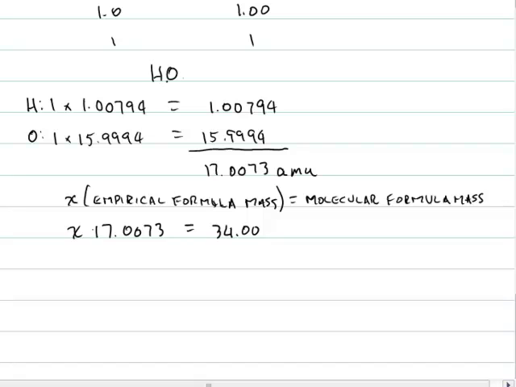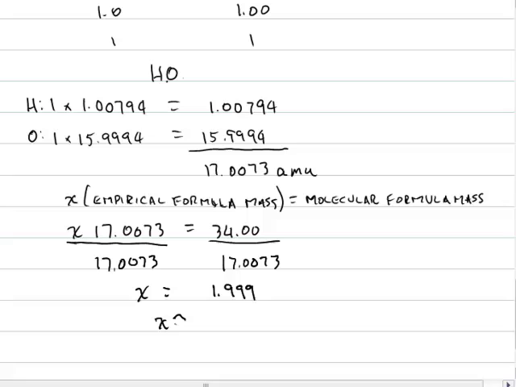Okay, so now if we simply divide both sides here by 17.0073, we find that x is equal to 1.999 to 4 sig figs, and that is very nearly 2.